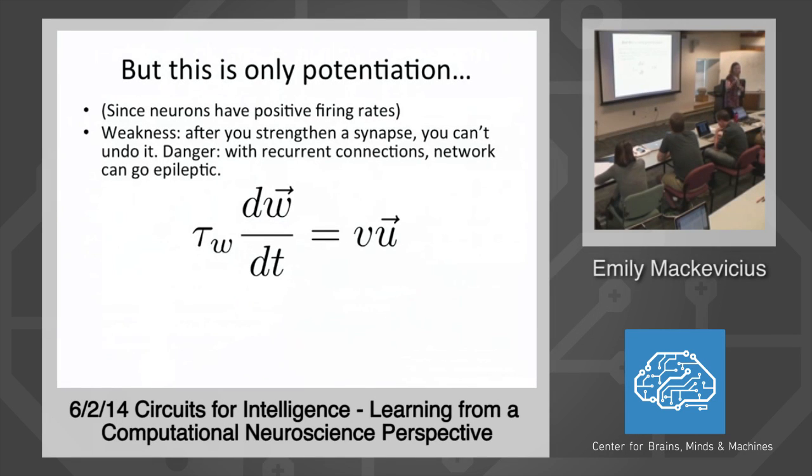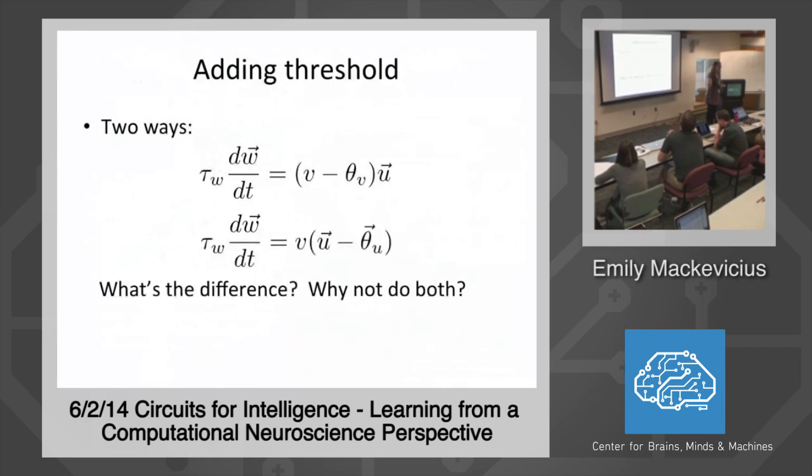So why wouldn't you do both, a threshold on both the inputs and the outputs instead of either the inputs or the outputs? You have a constant term in there, so if you expanded the product, you'd have this theta u, theta v term.